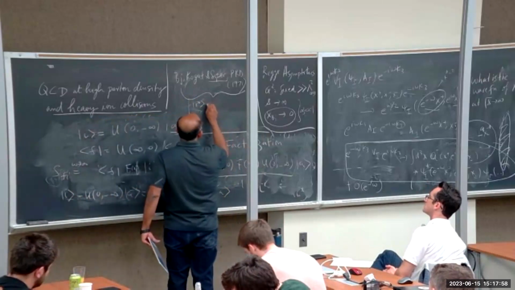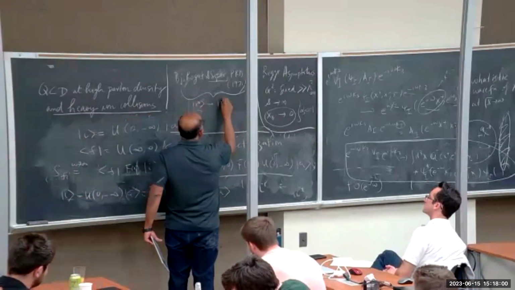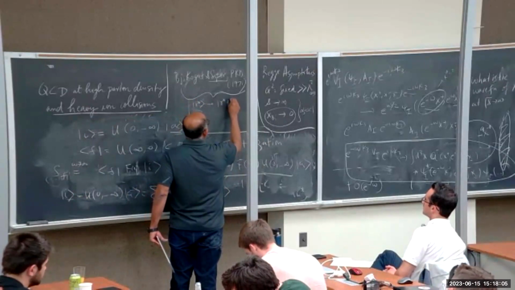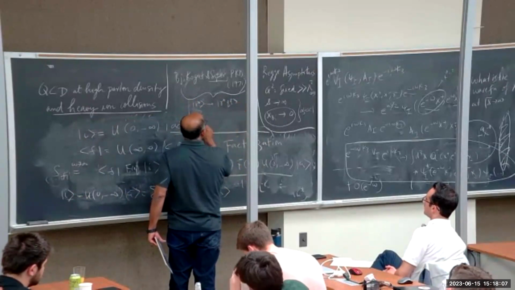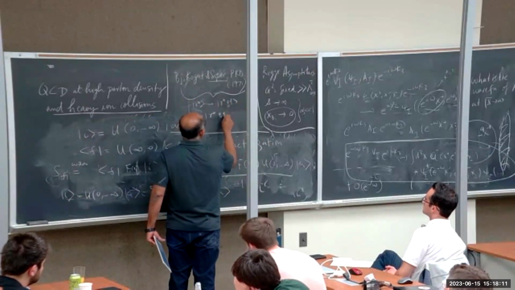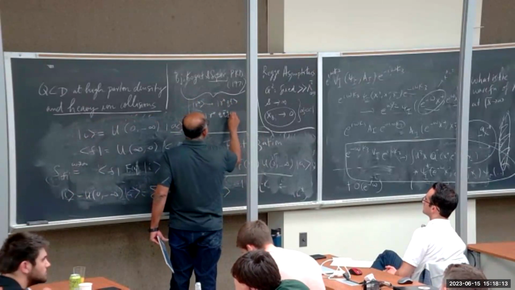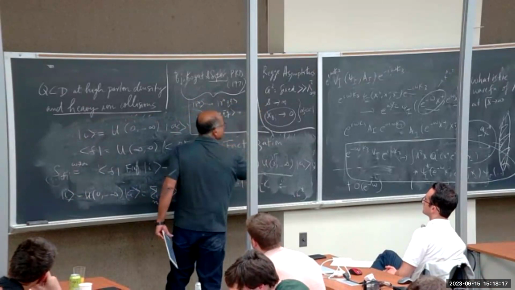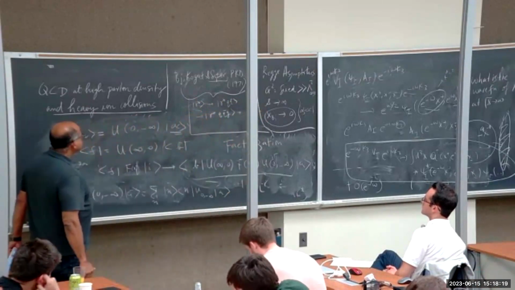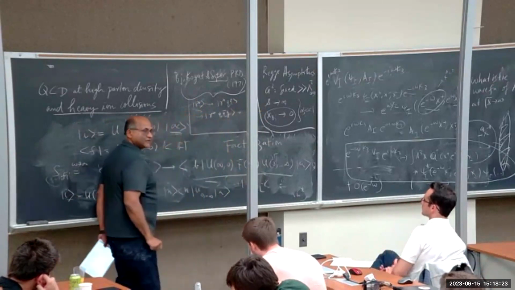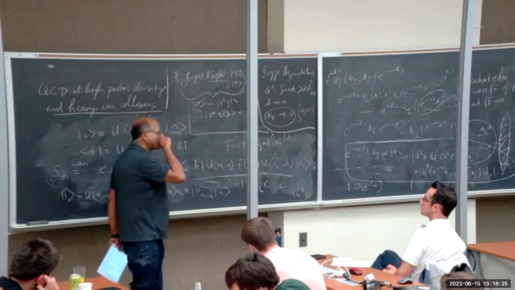This state can evolve to virtual photon times quark anti-quark pair, and evolve then to virtual photon times quark anti-quark pair, gluon, plus. So the state can be arbitrarily complex, but it's made of these individual propagating points.